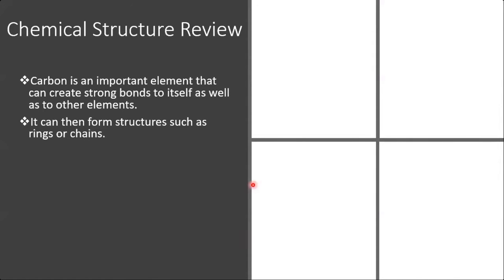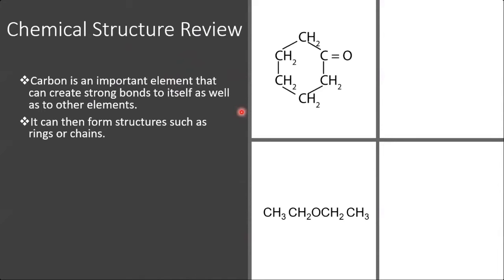Before I go into my data, I wanted to go over a quick review of chemical structures, just in case some of you are unfamiliar. As we know, carbon is a very important element that creates strong bonds, not only with itself, but with other elements. This can form structures such as rings and chains. Here are some examples that you might have seen before, but there's actually a simpler way to depict the same thing. These are called skeletal structures.